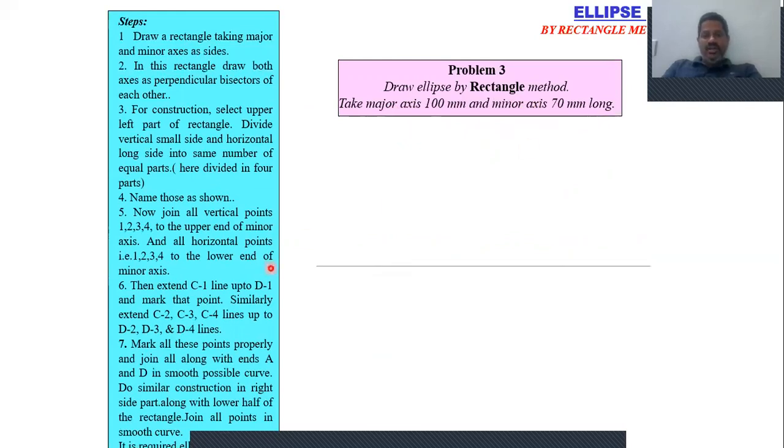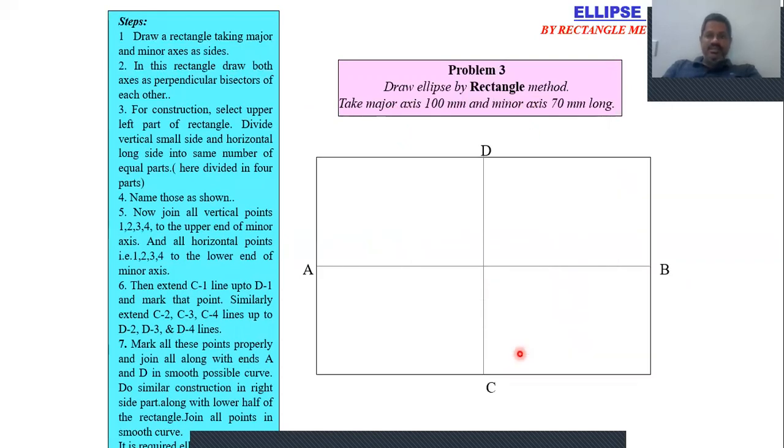Now draw the two perpendicular bisectors AB and CD. So name them as AB and CD respectively, and the lengths are given to us. AB is 100 mm, CD is 70 mm long.